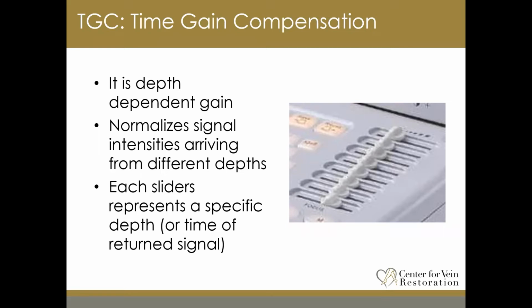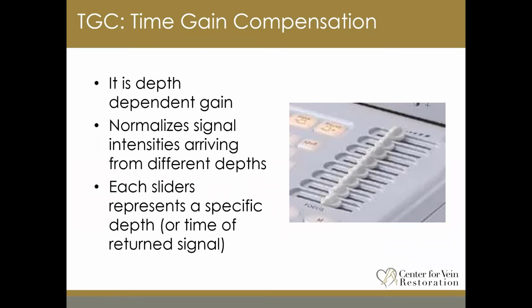The TGCs boost the signal, or our gain, from a particular depth, which is the time, to improve the image. Typically, the signal in the near field, which is the area at the top of your image, needs less gain than that of the signal from the far field. And that's the deeper area of your image.